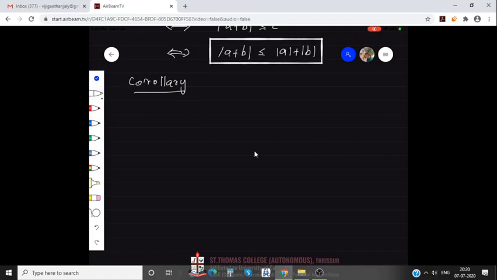So if a and b are two real numbers, the first result says that the absolute value of mod a minus mod b is less than or equal to mod a minus b.